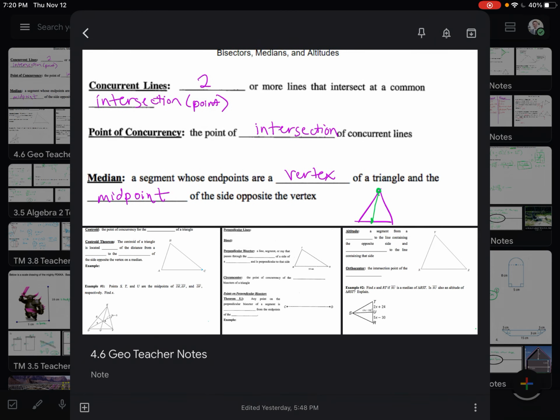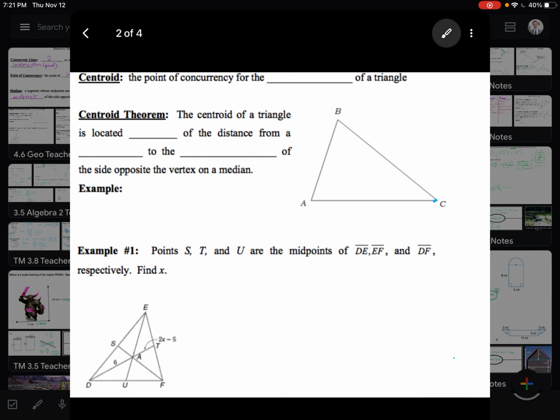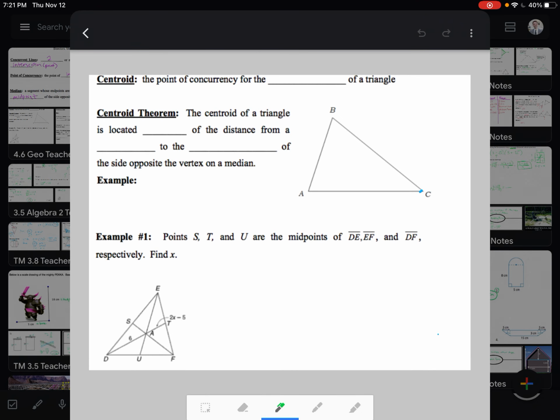All right, keeping it going on to our next set of questions. So the centroid is the point of concurrency for the medians of a triangle. Before looking at the centroid theorem, first let's draw these in.